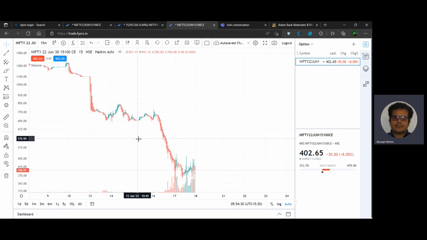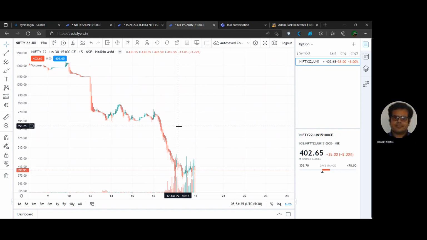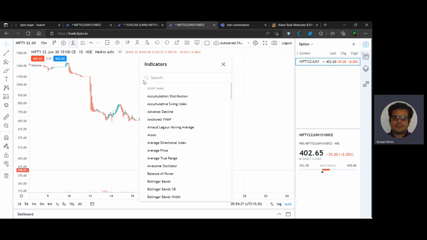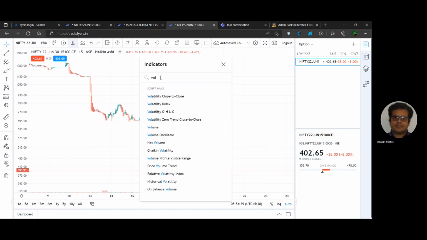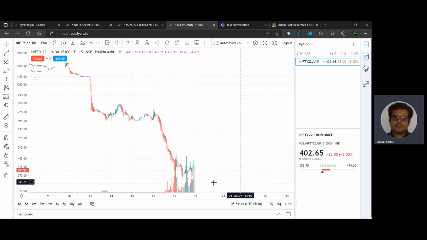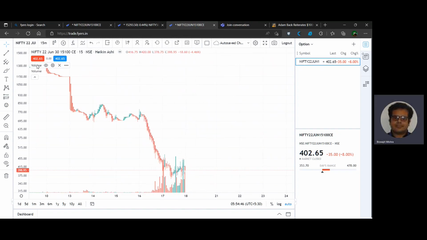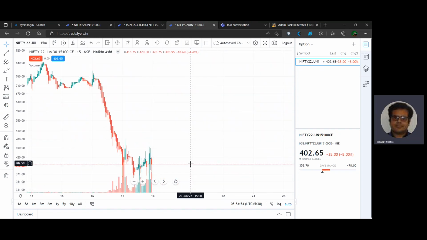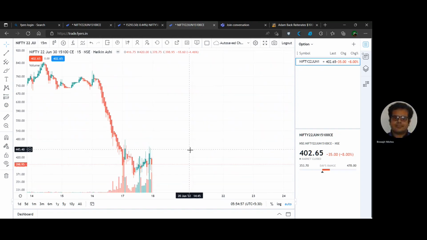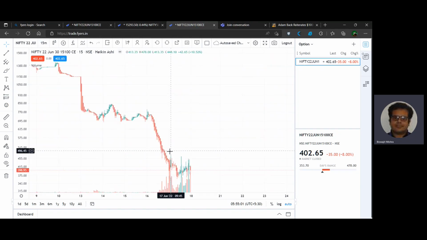So in order to do that, we also include one more graph, which is called volume. Select volume, this comes. And this shows up here in the bottom. So this volume indicates the amount of buy or sell users are executing. At what time? As you have selected 15 minutes, in 15 minutes timeline.